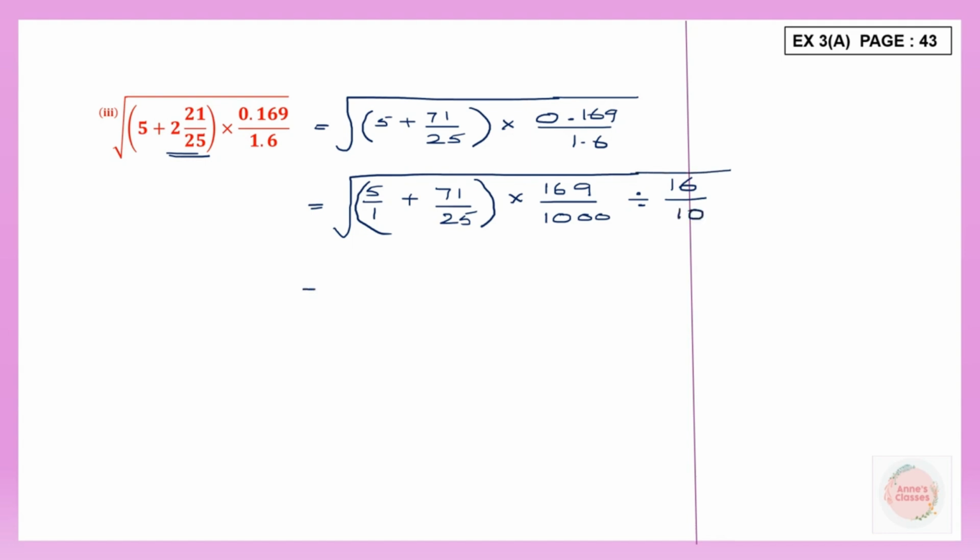So now let's continue. We'll work both side by side. So here now we know how to do addition of fractions, isn't it? So our denominator is 25. So here it is 1 into 25. So that means I have to multiply 5 also into 25, isn't it? So 5 by 25 is 125 plus, now here I have 25 and here 25.